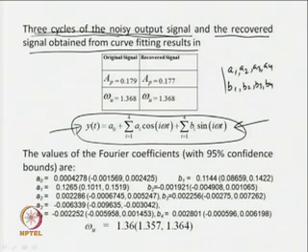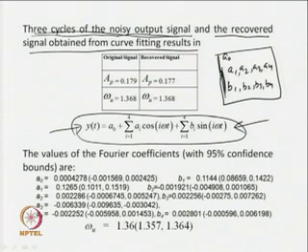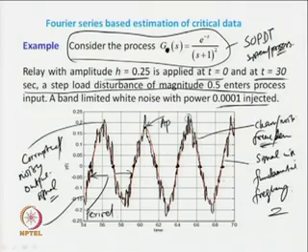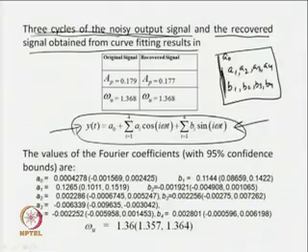Of course, the DC value of the signal is given by the coefficient A0. So, we will get these estimated values for these coefficients with certain confidence levels or bounds, those are given over here. Now, please keep in mind this output data is collected and fitted with a Fourier series which has got 9 coefficients.